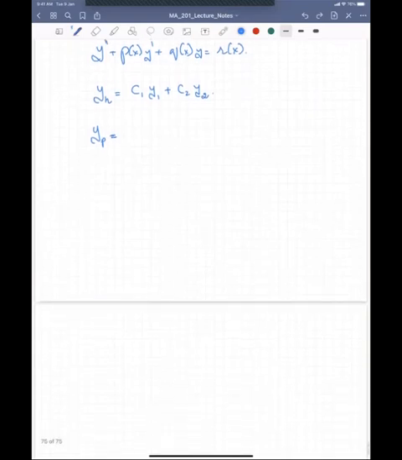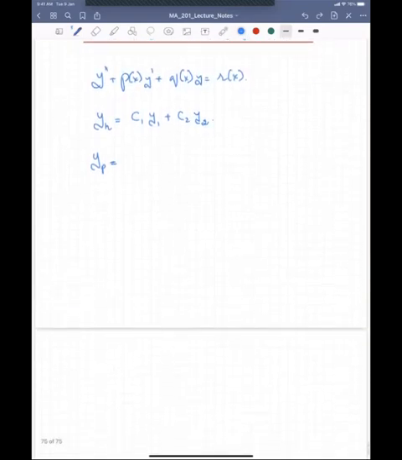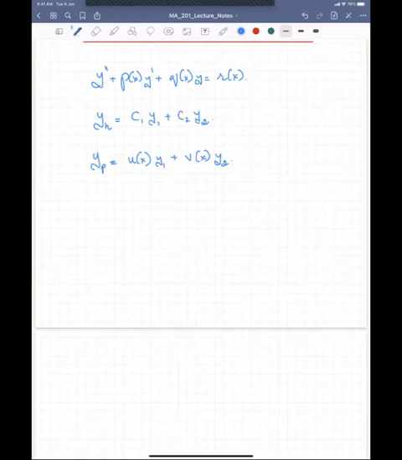So I'm going to take the particular solution as some u of x times y1 plus some v of x times y2. And I'm going to figure out u of x and v of x. If I figure out u of x and v of x, and if I satisfy myself that this satisfies the inhomogeneous differential equation, I'm done.